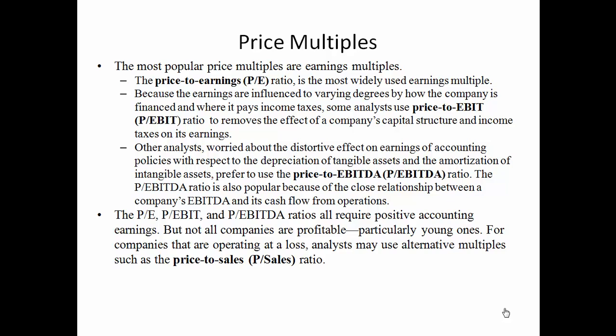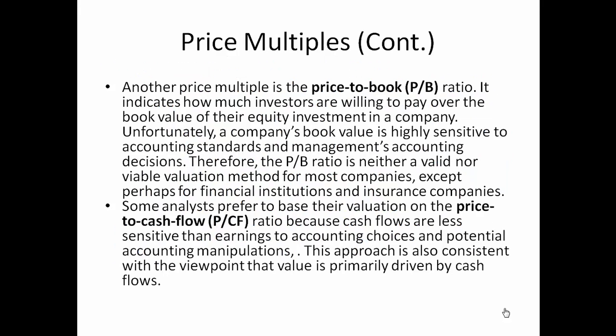The P over EBIT and P over EBITDA ratios all require positive accounting earnings. But not all companies are profitable, particularly the young companies. So for companies that are operating at a loss, analysts may use alternative multiples such as the price to sales ratio. Another price multiple is the price to book ratio, or say the PB ratio.